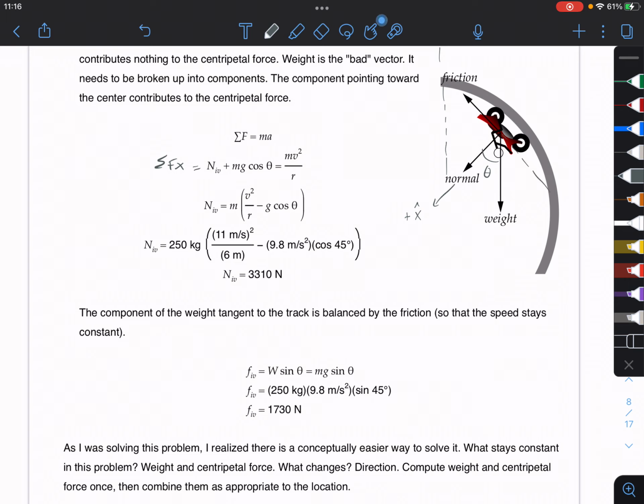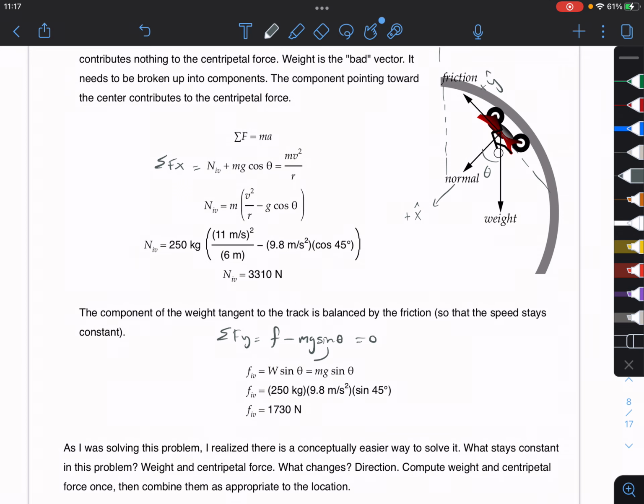So this is going to be in the positive y hat direction. So the sum of forces in y is equal to the frictional force minus w sine of theta, which equals 0. So minus mg sine of theta is equal to 0.